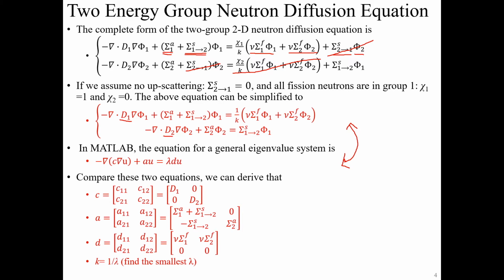D is for the fission. We only have non-zero values for D11 and D12. They are mu sigma F1 and mu sigma F2, and D21 and D22 are both 0. For K, it is still equal to 1 over lambda, or lambda is equal to 1 over K. And we are still trying to find the smallest lambda.